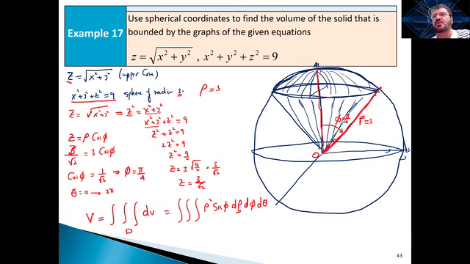So it starts from 0 to 3. How about phi? Remember, phi is the angle from the z-axis, which is 0, up to pi over 4. To cover the whole thing, theta is going to be from 0 to 2 pi. You can do it this way. And that's it. Then you make your integration. How do we integrate this one? We start from the inside.